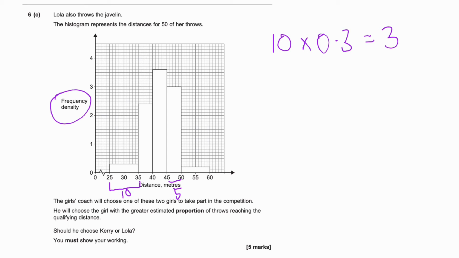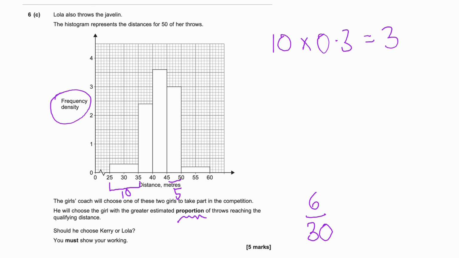But the question in this case is asking which girl is going to get the greater estimated proportion of throws reaching the qualifying distance. So proportion is a key word here. We know that in the first part of the question, there were 6 out of 30, I think, that would have qualified.